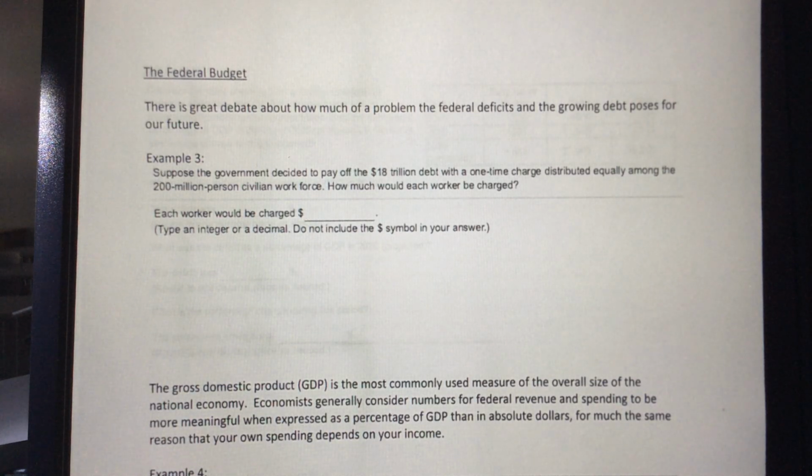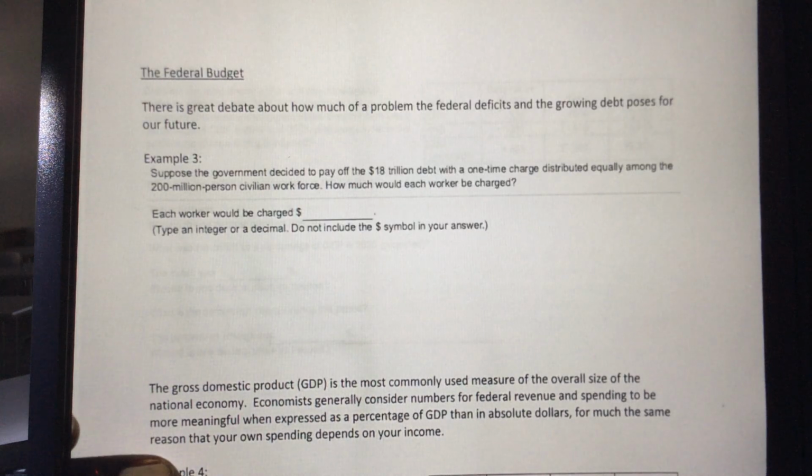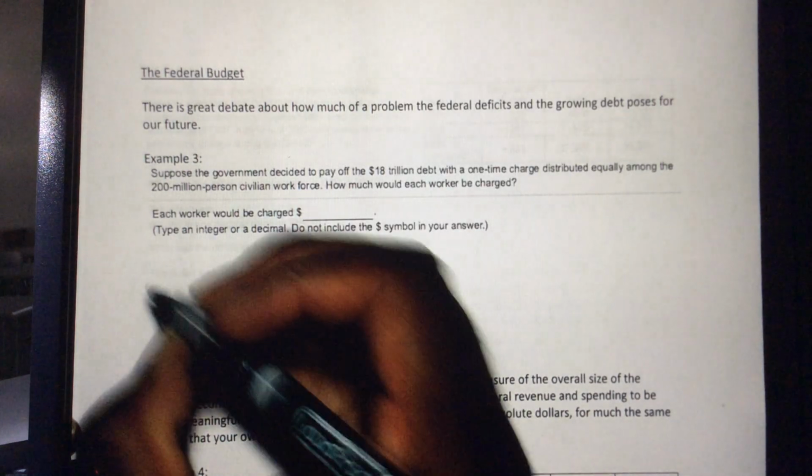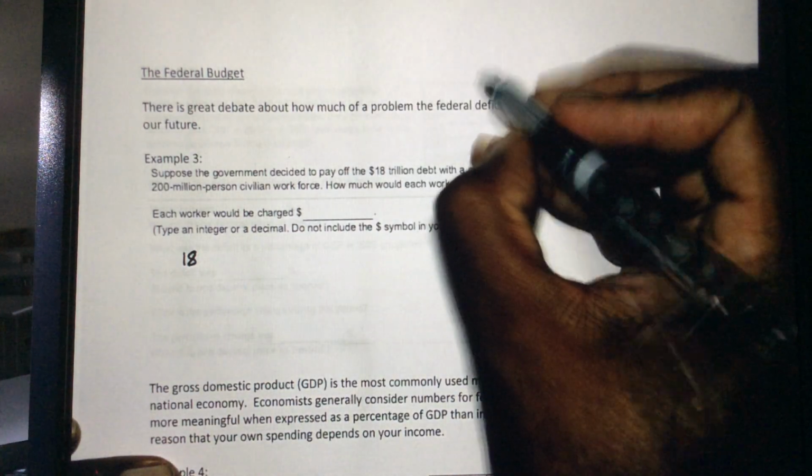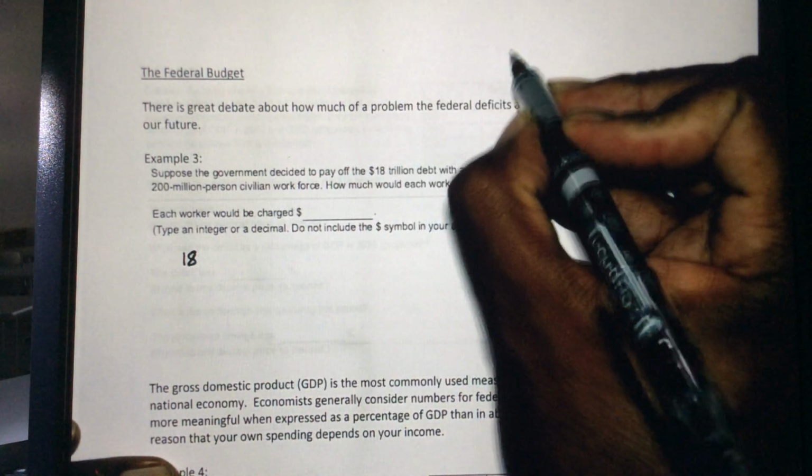Let's see, 18 trillion dollar debt. If I was to write that as a whole number, I'll have the 18, but place value is going to be this.